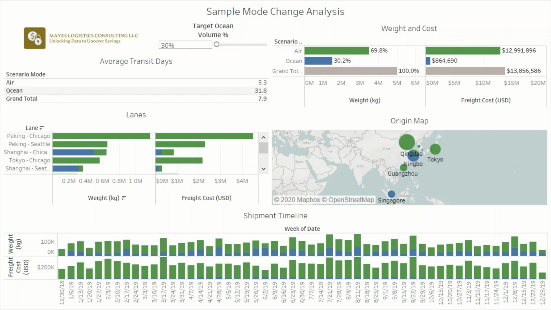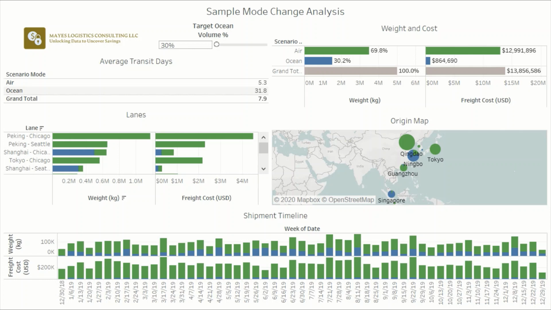So in this particular example, we're evaluating the cost and service impacts of a hypothetical mode shift from air freights to ocean freights. As you know, air freight is usually much more expensive than ocean, probably about 5 times on average. But it's also much quicker and it's much more reliable.